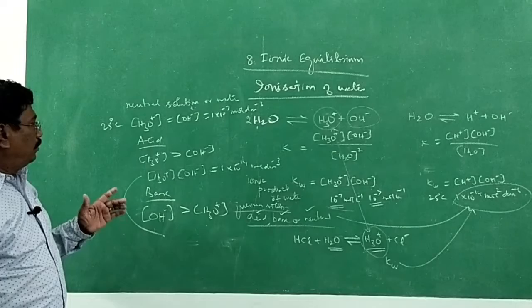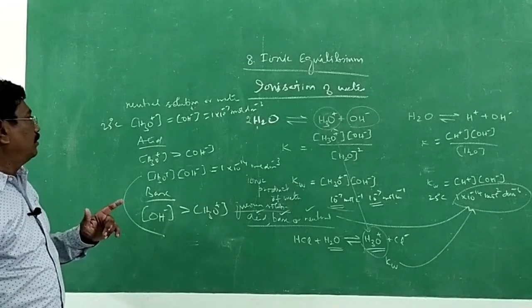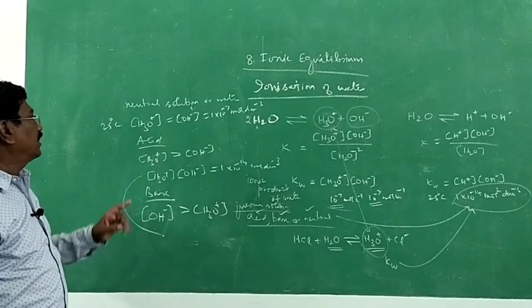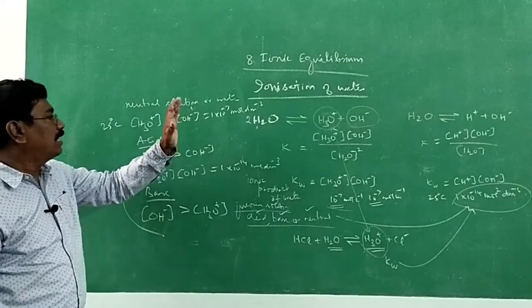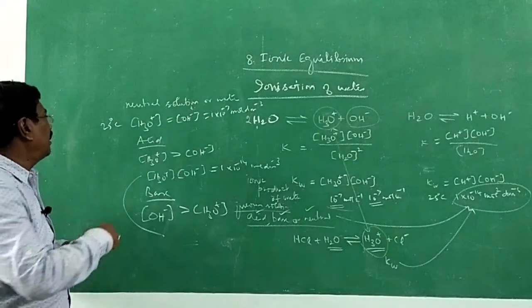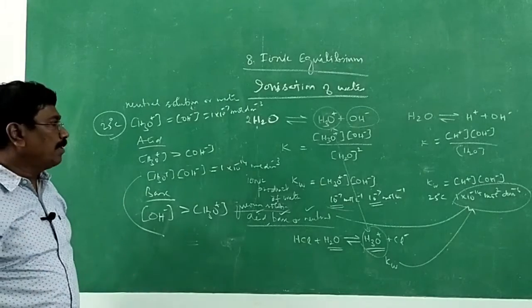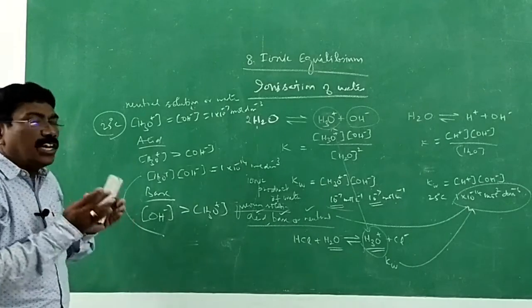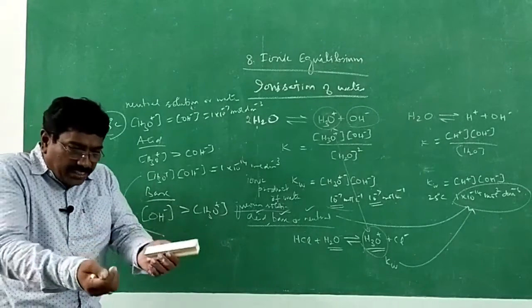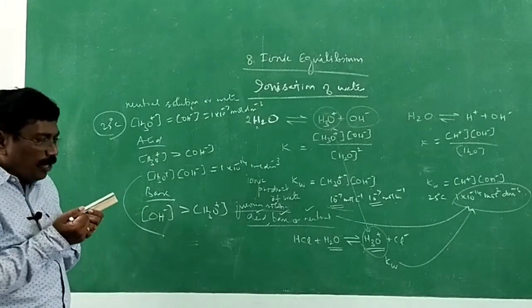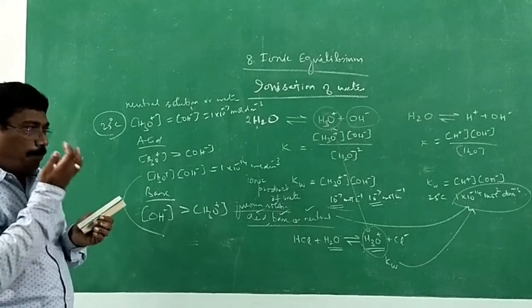So now you might have understood that the product of the molar concentrations of hydronium ion and hydroxide ion is equal to 10 power minus 14 at 25 degrees. Again and again I am saying 25 degrees Celsius. Why? Ionization is an endothermic process. It proceeds with absorption of heat energy. Therefore, if we give heat energy, what will happen?